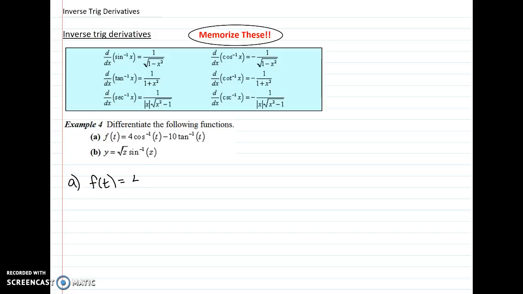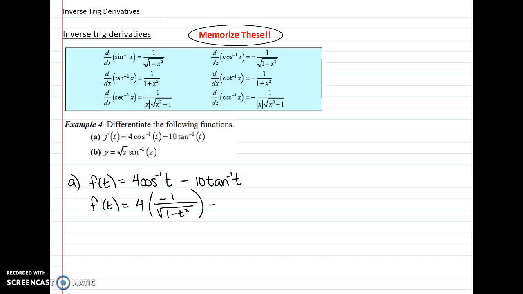This first one says 4 inverse cosine of t minus 10 times inverse tangent of t. Remember, constants just get carried along when you take the derivative. So the derivative of 4 times inverse cosine is just 4 times the derivative of inverse cosine, which happens to be negative 1 over the square root of 1 minus t squared.